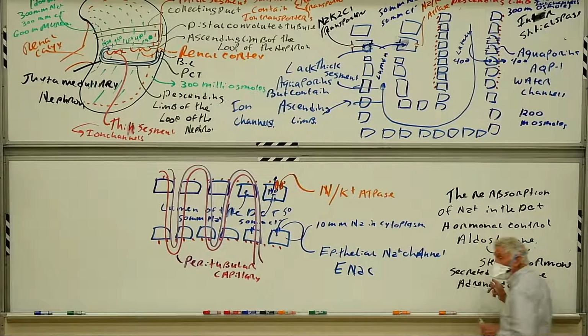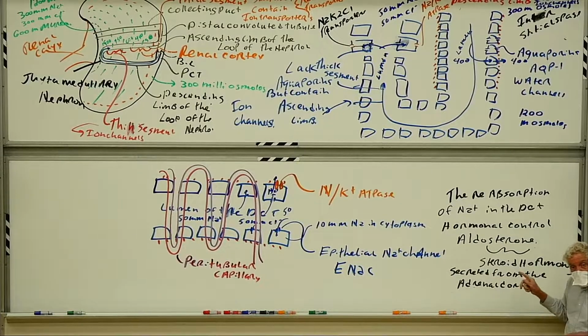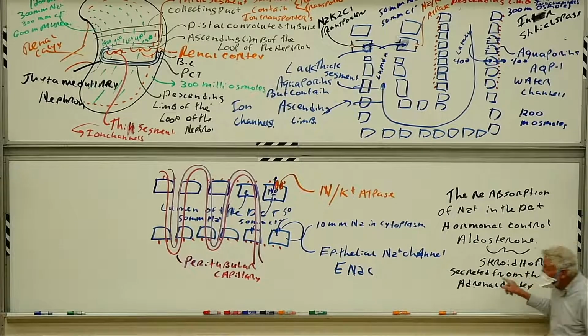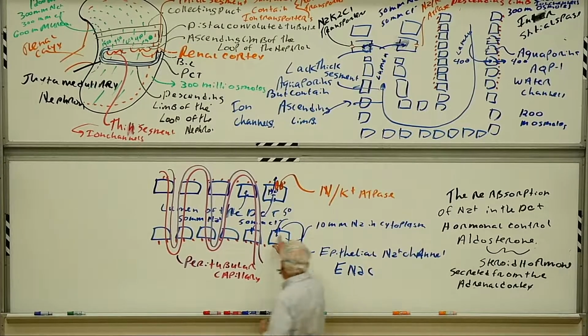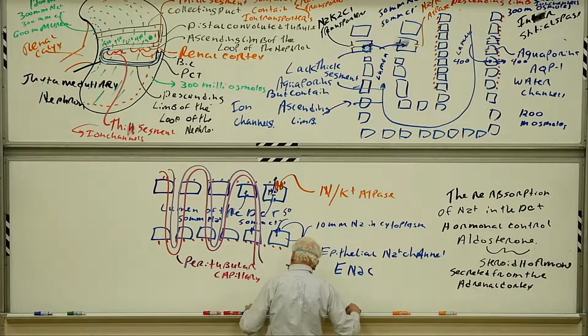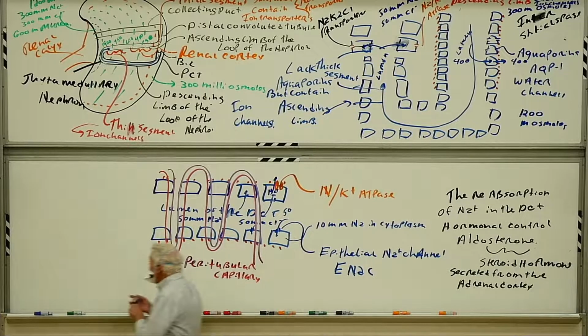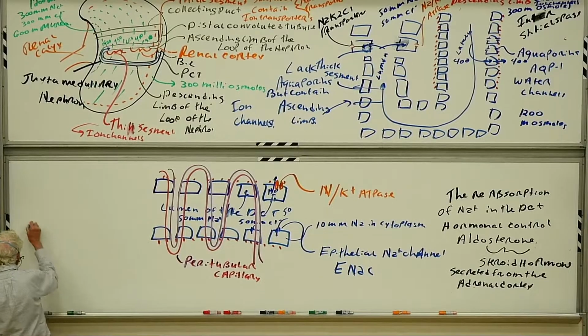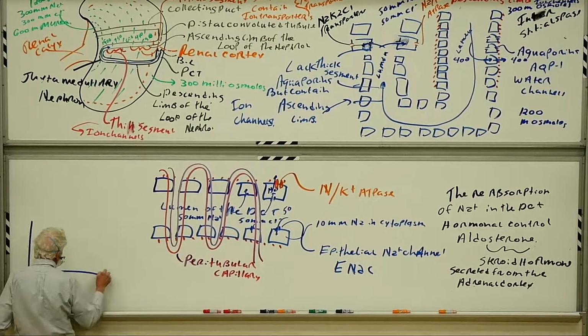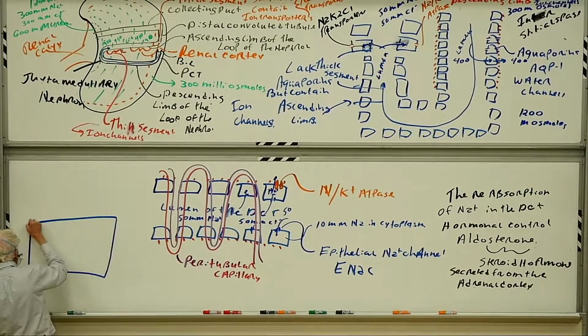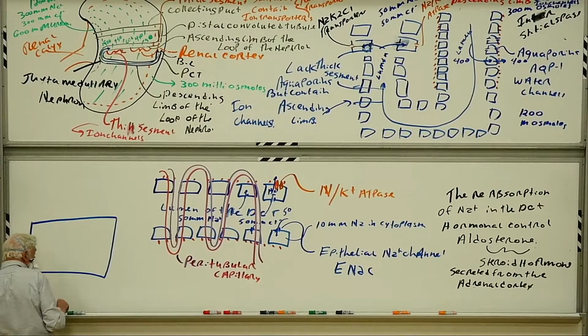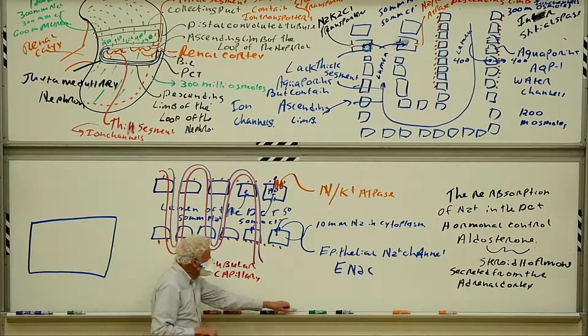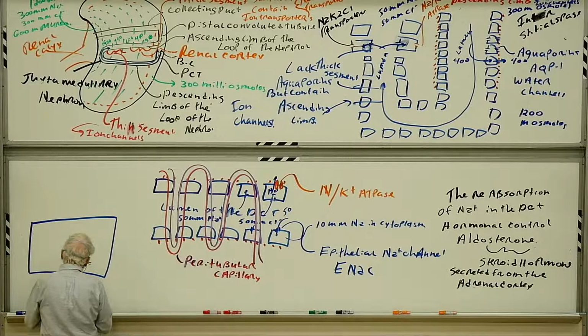It's a relative of cortisol, but it's now being used here in these epithelial cells. And let's look to see how it works. If this happens to be an epithelial cell in the distal convoluted tubule, that epithelial cell will contain receptors.